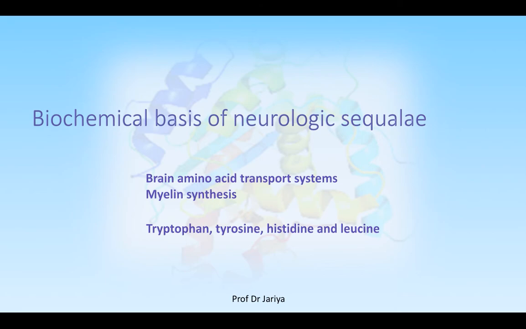Supplementation of the diet with these amino acids can overcome high levels of phenylalanine in blood, allowing neurotransmitter precursors to enter the brain. As serotonin is synthesized from tryptophan, catecholamines from tyrosine, and histamine from histidine, if not corrected, these biochemical alterations lead to delayed myelin synthesis and delayed neuronal development.